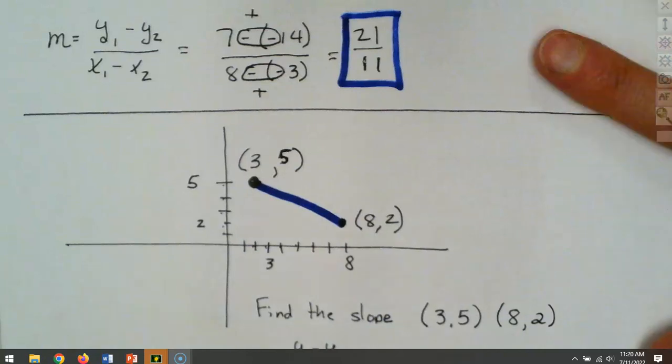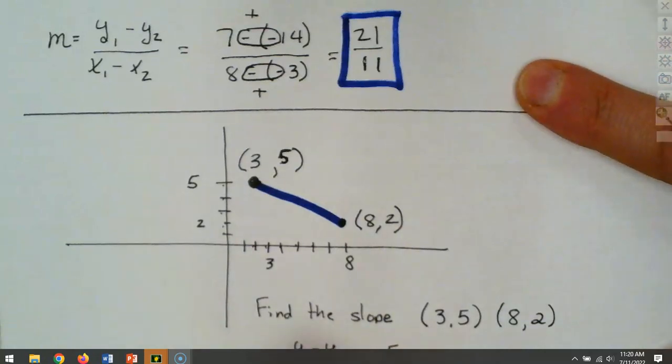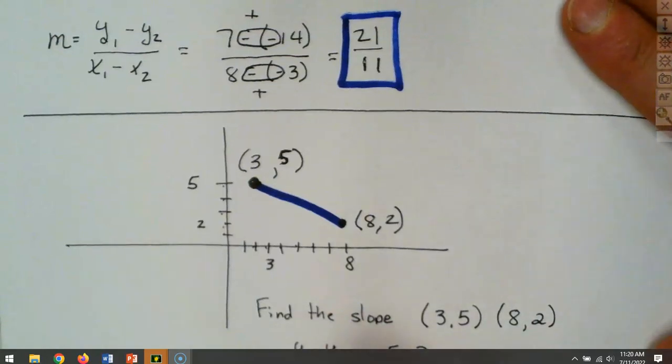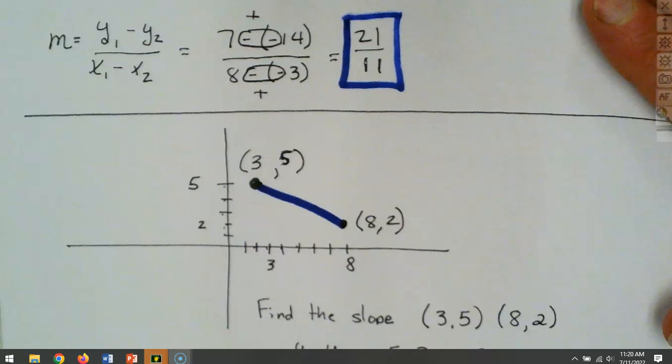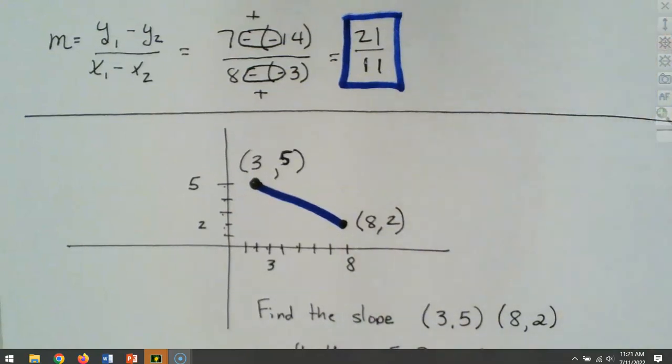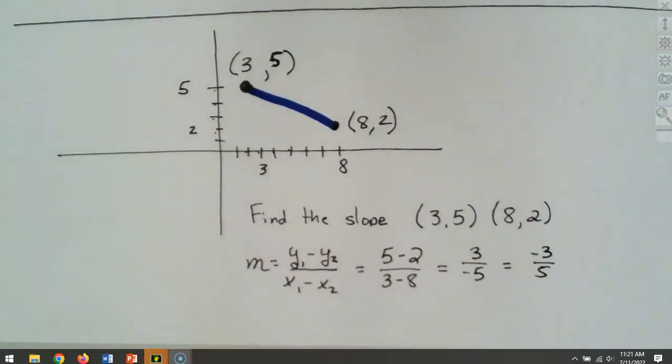We plug our values in. So that's going to be 5 minus 2 over 3 minus 8. 5 minus 2 makes it a positive 3 in the numerator. 3 minus 8 makes it a minus 5, and that's a minus 3/5. And we know that's correct because our slope should be negative, and it is.